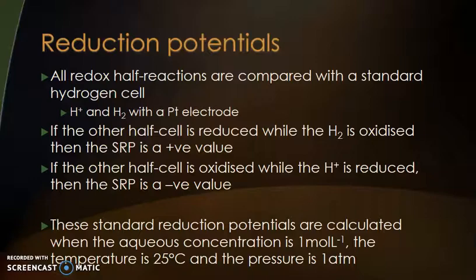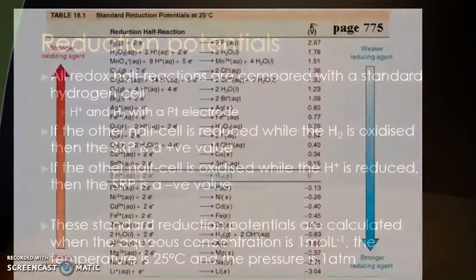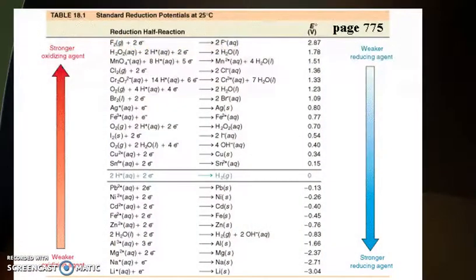Now, these standard reduction potential tables, they all look like variations of something like this. They are listed in order of strongest oxidant to weakest oxidant, and they are all written as reduction half equations. That is the standard convention.